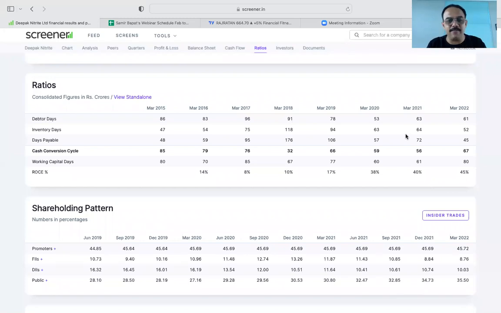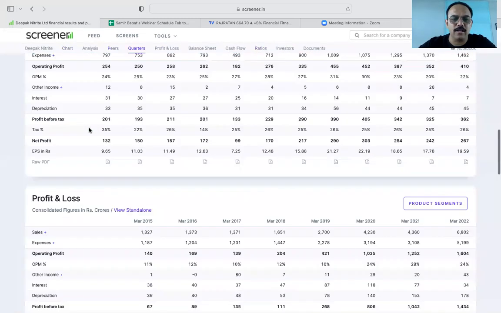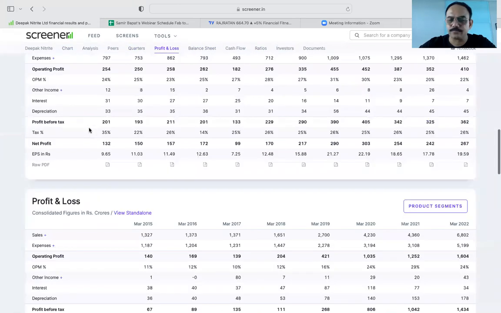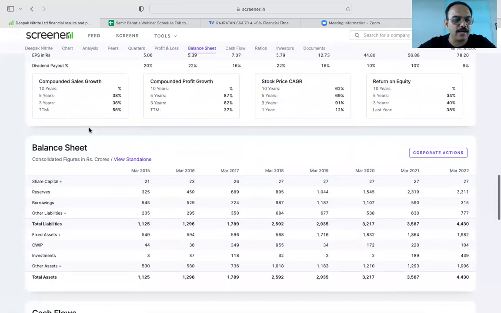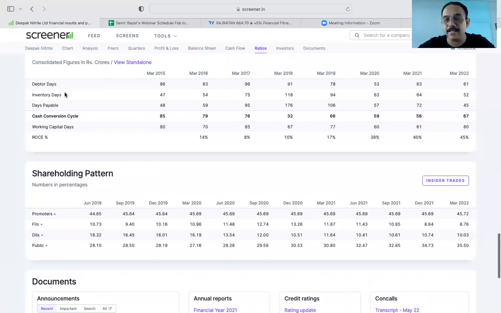Chitra, you can see the inventory days mentioned here. This is Deepak Nitrite, right? Ishita and Chitra and others who have not followed and I have lost them, so I'll just go here. Here it is mentioned, inventory days.